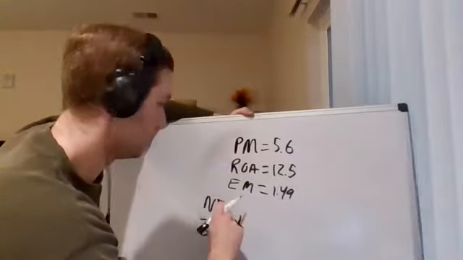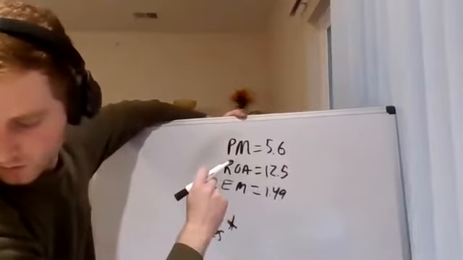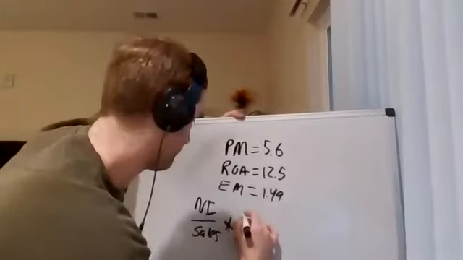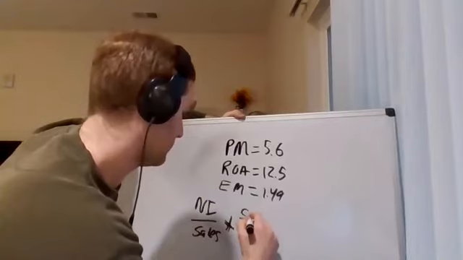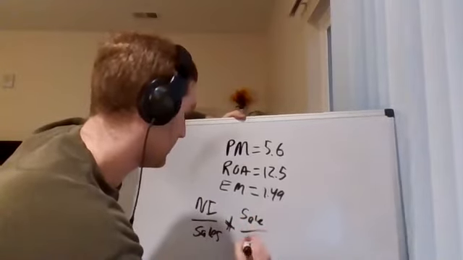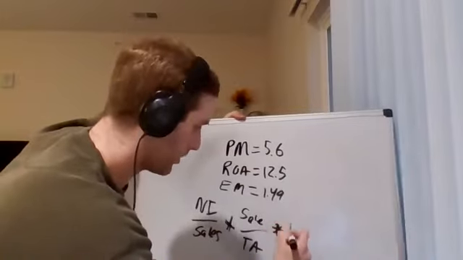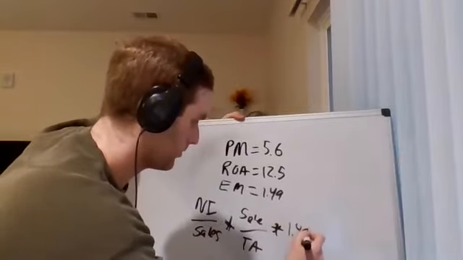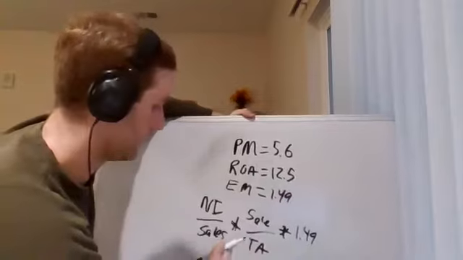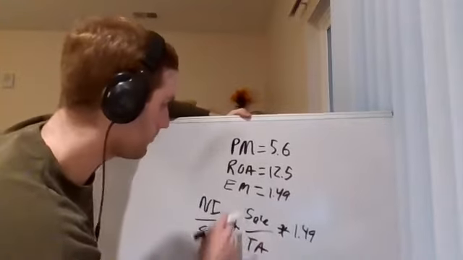Right, that's one. Our number two, total asset turnover, is sales divided by total assets, times our equity multiplier, which is 1.49. This is also given in there, but for my solution, I'm going to leave it.